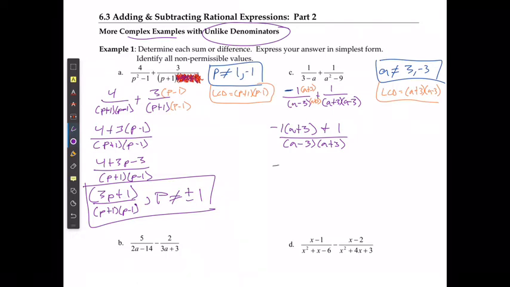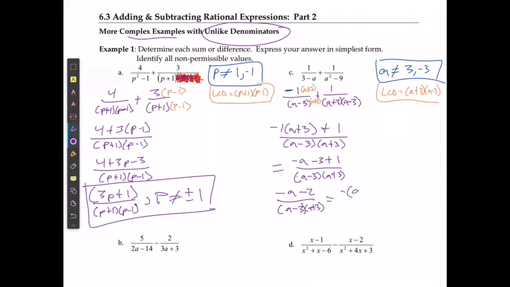Then negative a minus 3 plus 1 is going to be over (a minus 3)(a plus 3), or negative a minus 2 over (a minus 3)(a plus 3), and I can factor the negative out of both parts on the top.